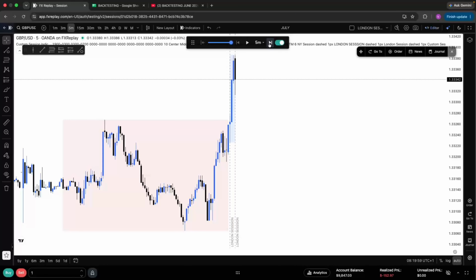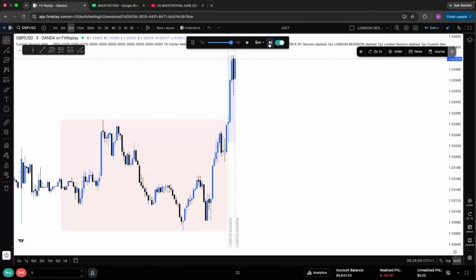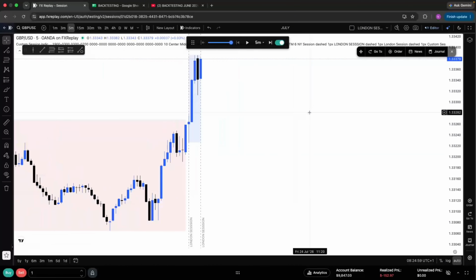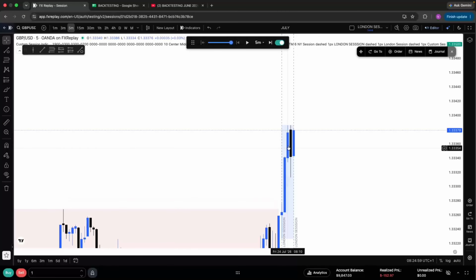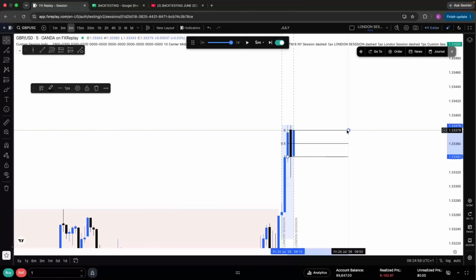Break of structure to the upside. Break of structure again to the upside. Bullish candle, bearish candle, and bullish candle creates a new high, for me anyway.